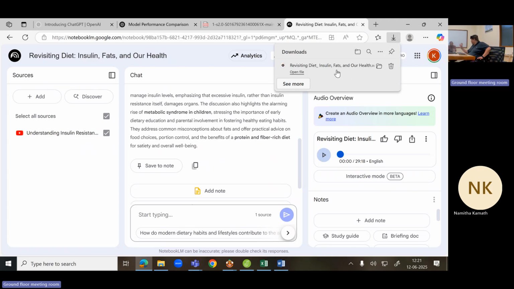Now, let's say I want to give it the shape of a research report.